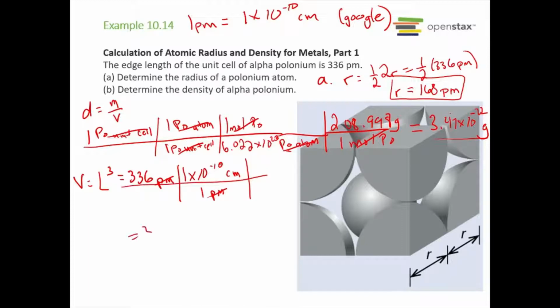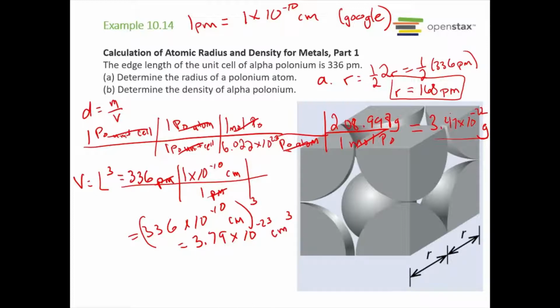So we can just write this as 336 times 10 to the negative 10th centimeters, and we are going to cube that. And that gives us 3.79 times 10 to the negative 23rd cubic centimeters.